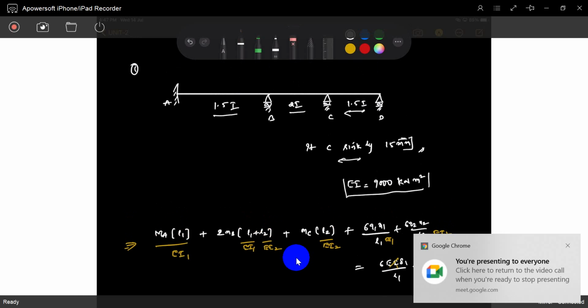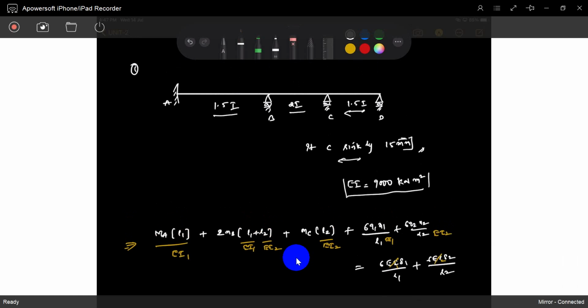We already know MD is 0 because it's an edge and simply supported. It will give 0 moment. But MA is there, MB is there, and MC is there. So what are the values? By sinking of the support of C. Just support C is sinking.